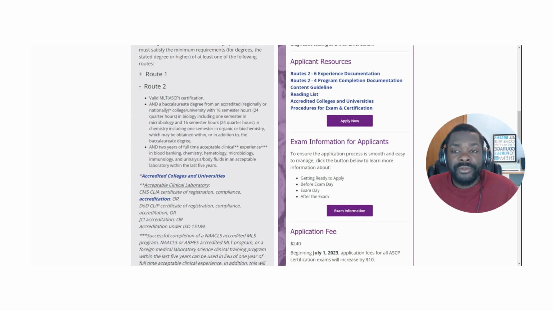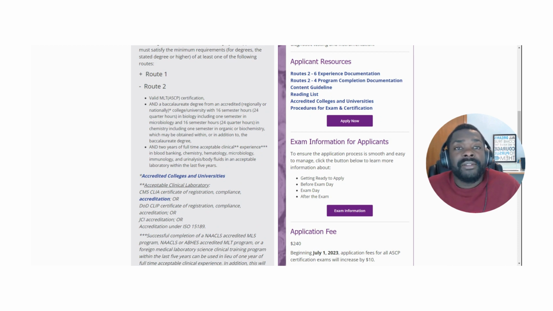So for you to move from MLT to MLS, the bachelor's degree is more like a master. And within that bachelor's degree, you should have chemistry and organic or biochemistry. It should be somewhere within all your work around the program that you did at university or at college.